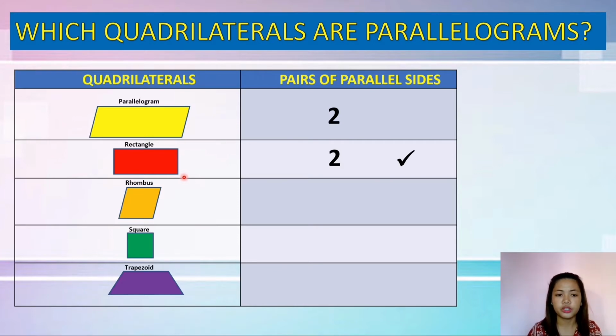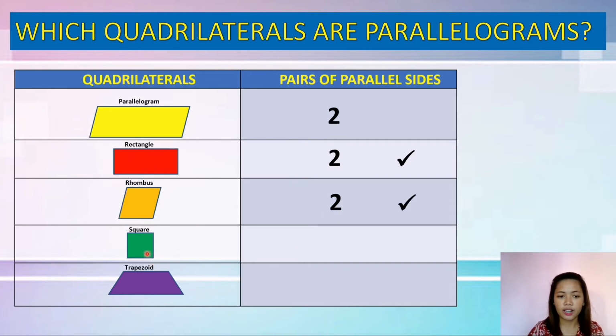How about a rhombus? The same with the rectangle, a rhombus has four sides, and the horizontal sides of this rhombus are parallel to each other, the same with its slanted sides. Therefore, this rhombus also has two pairs of parallel sides, and it is also a parallelogram.